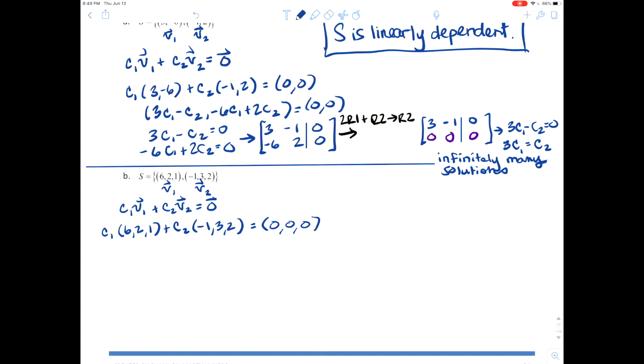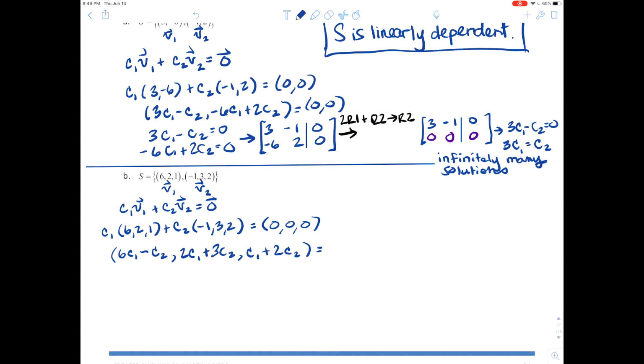So, getting one happy vector on the left side, we'll have (6C1 minus C2, 2C1 plus 3C2, and the third will be C1 plus 2C2).